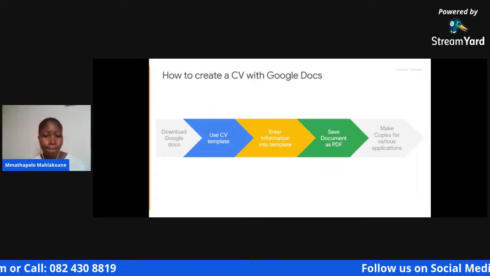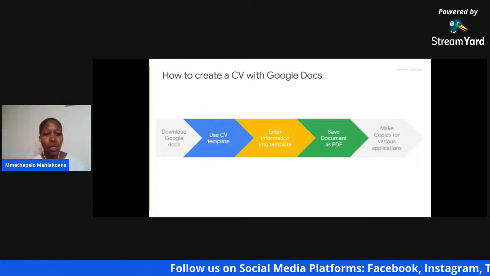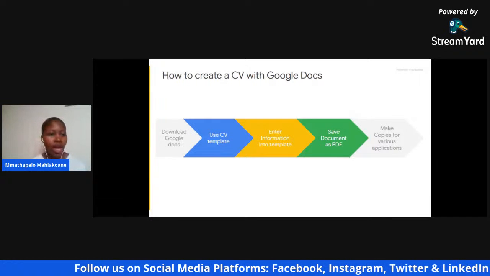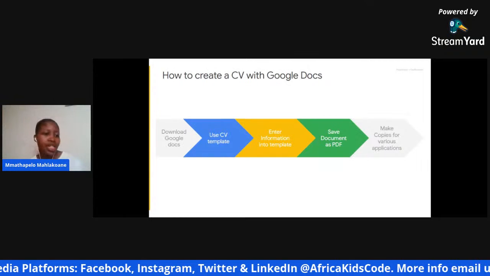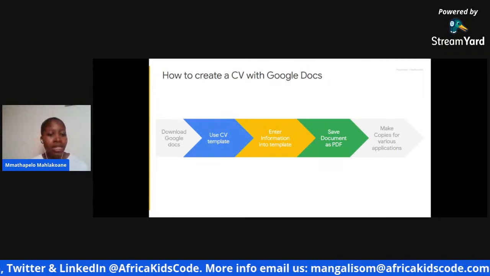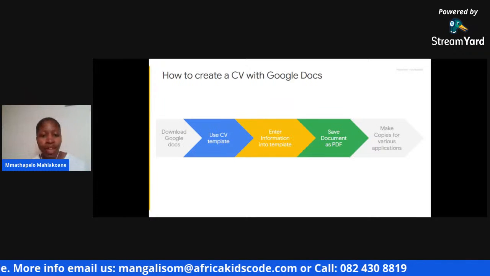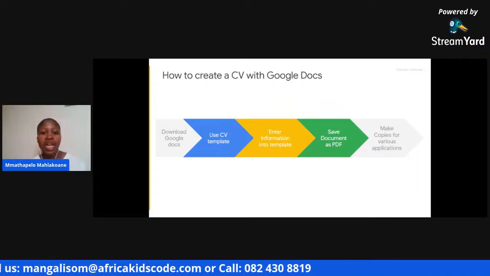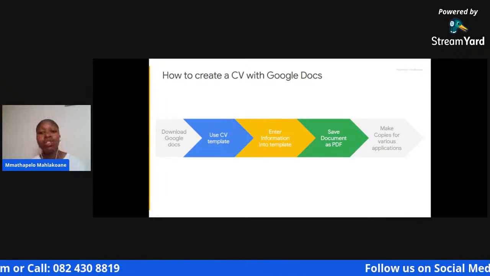So, how to create a CV with Google Docs? You download Google Docs, you use a CV template, you enter information into the template, and you save the document as PDF. Make sure to keep a copy of the template as each application you send may vary in content.